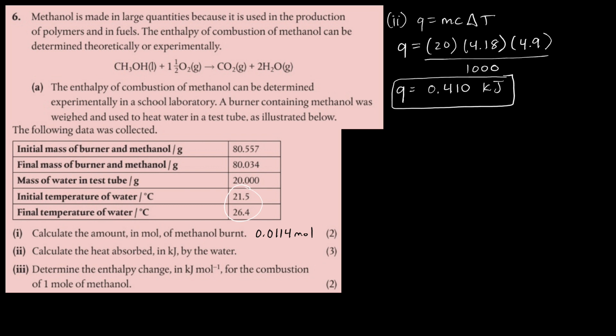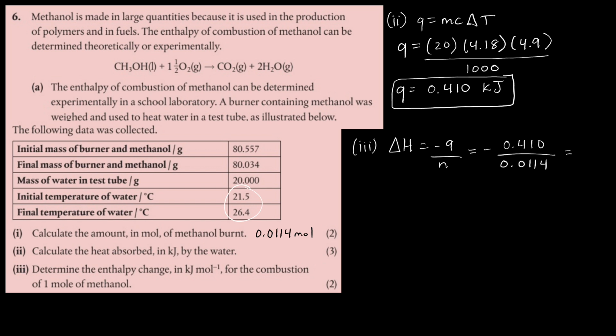So now the third part of A says determine the enthalpy change in kilojoules per mole for the combustion of 1 mole of methanol. So to solve for enthalpy change in kilojoules per mole, we already have our kilojoules, which is Q, and then we need to solve for our moles, which again we already solved for in the first part of A. So it would be divided by 0.0114.